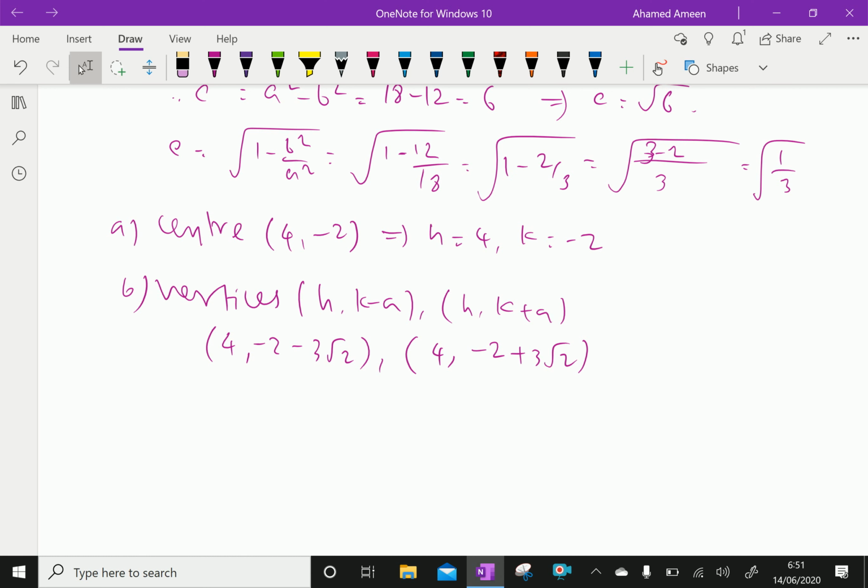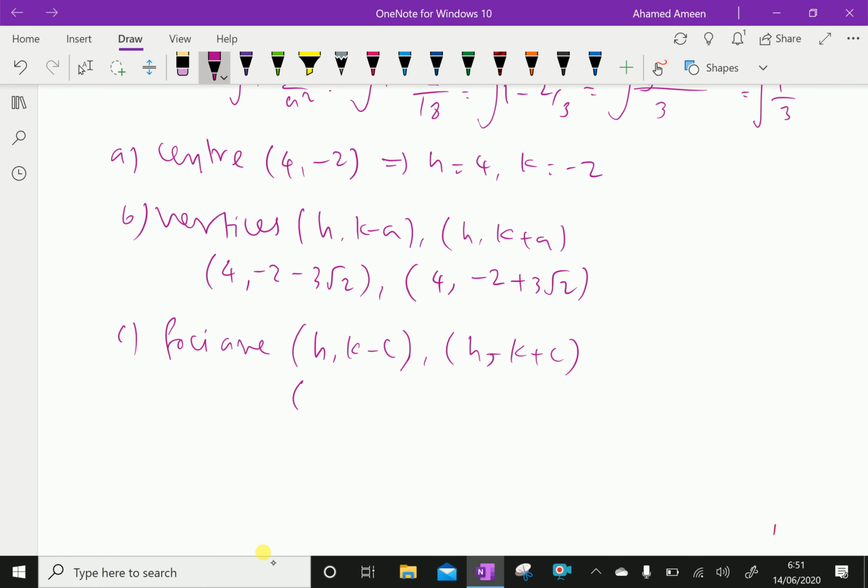Now foci are h comma k minus c and h comma k plus c.